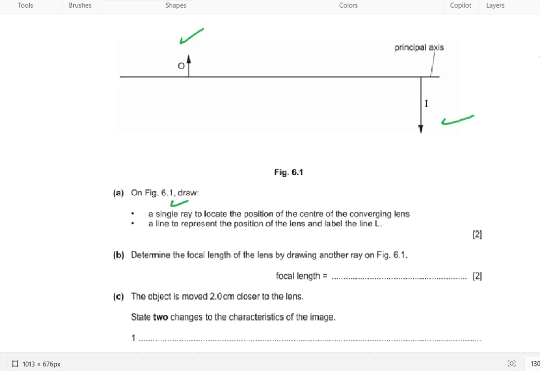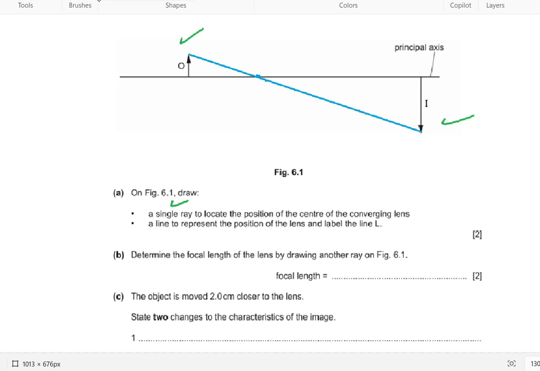It will go through the center of the lens and it will go to the tip of the image. So how can I do that? I draw a line from the top here and I take it directly to the tip of the image. This is the ray, which means that this point here is the center.